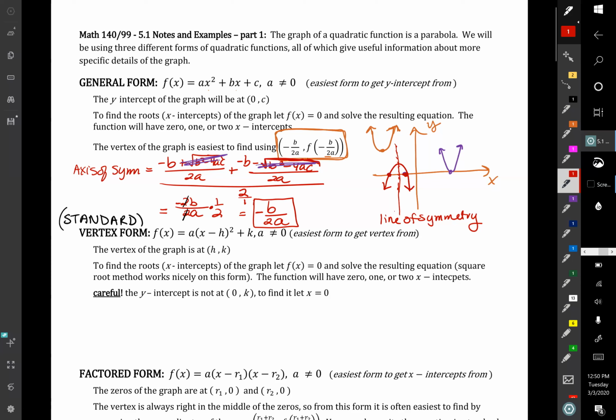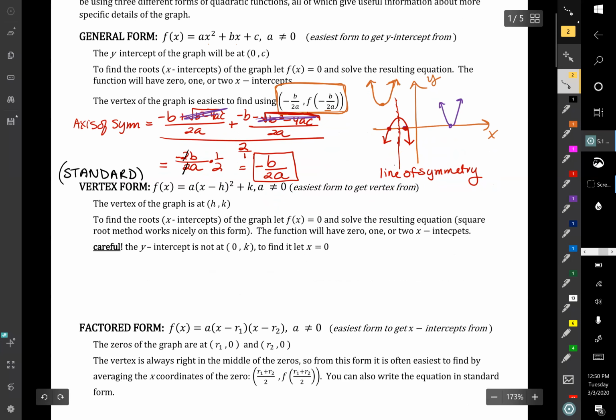So if you have factored form, I'm going to jump down to here where we have the factored form. If you already know your intercepts, you can average them and get your line of symmetry: r sub 1 plus r sub 2 all divided by 2, and then plug that in to get the corresponding y.